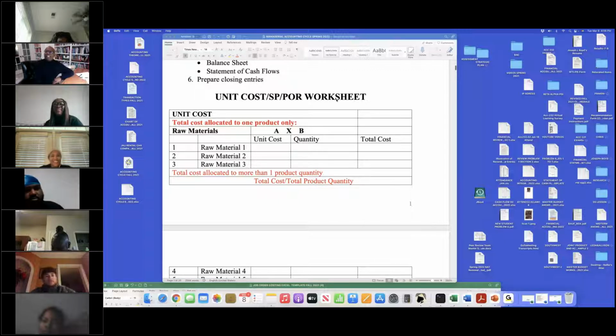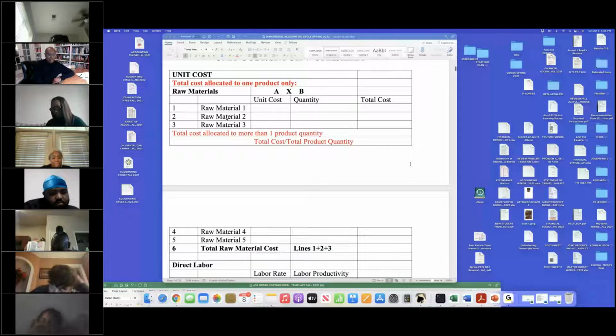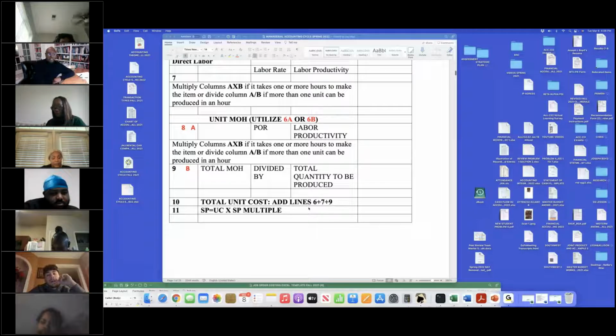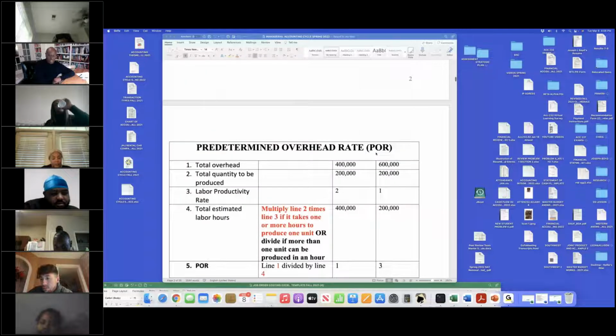They were just writing stuff down, but they're saying now they're going to use the unit cost selling price POR worksheet and see if they can get the raw materials right, the direct labor right, and the MOH right. And then they're going to see if they can, of course, get total unit cost, selling price multiple, and then get that POR, the predetermined overhead rate that we utilize.